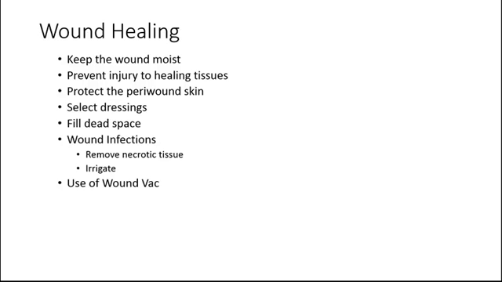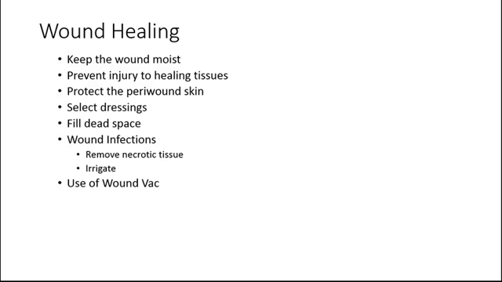Wound healing is the next section on here. Just a few tidbits on wound healing. We know that to promote healing, we need to keep the wound moist. All right. The other thing is that we need to prevent injury to healing tissues. For example, if we're going to be irrigating the wound, we don't want to use direct pressure on the wound bed because that causes injury, and that will disrupt the granulation, the healing.